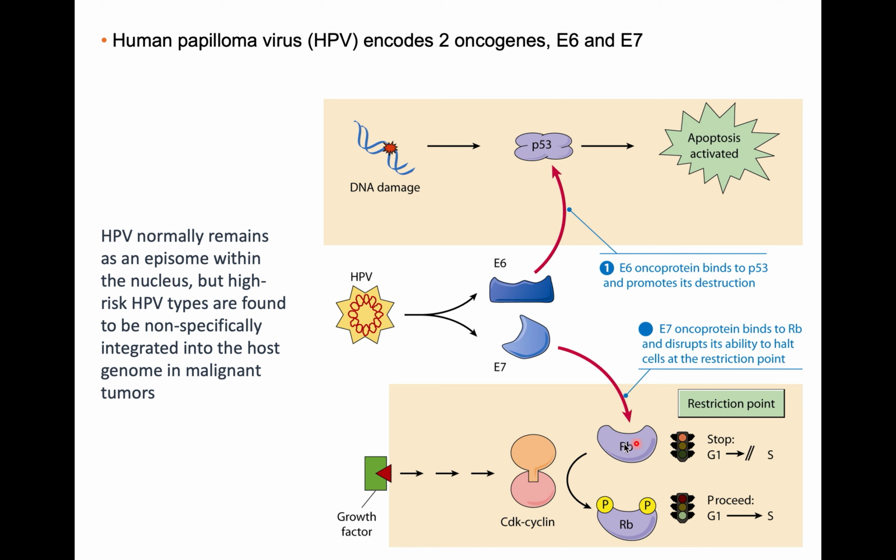E7 is interfering directly with retinoblastoma, which, as we talked about earlier, is that red light, one of these cell cycle checkpoints. So if we interfere with that, we're basically turning the red light green. So we've got these two activities. And again, this seems to be a case where in those highest risk HPV strains, the viral genome is actually integrated into the host cell chromosome, and we get excess production of these oncogenes, and that seems to be linked to cancer.